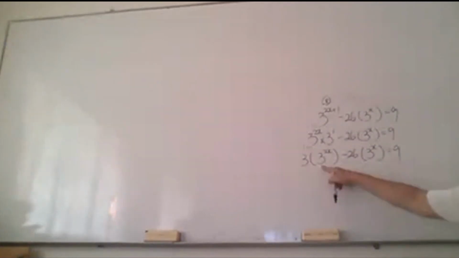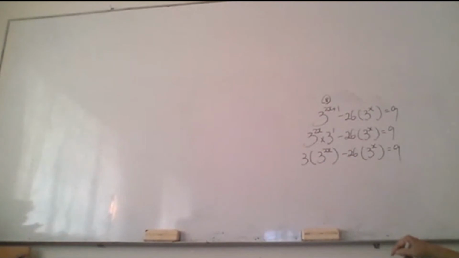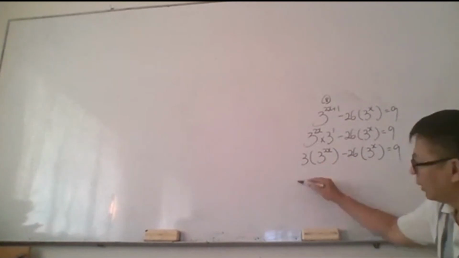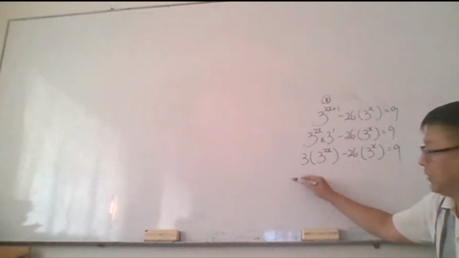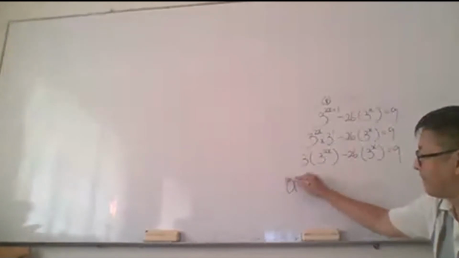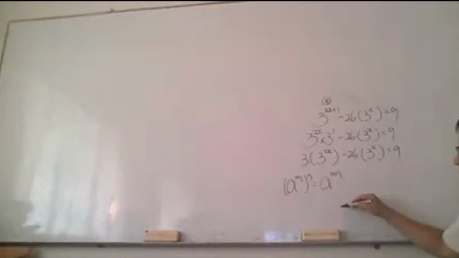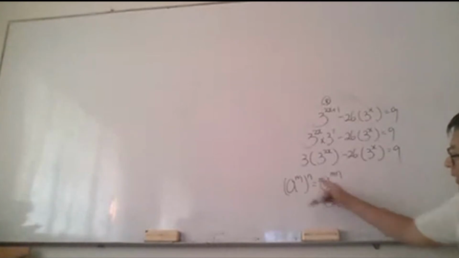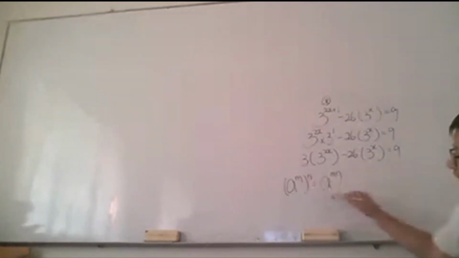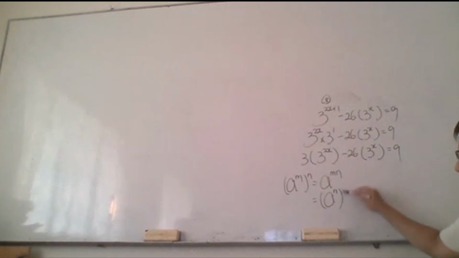Can I change it? Yes, how? According to the law of indices, a^m bracket n gives a^(mn), and we can interchange these two values, n inside, m outside.